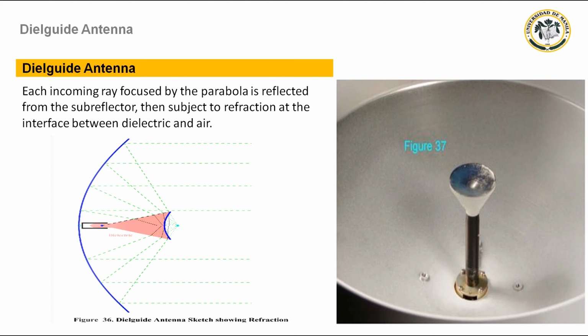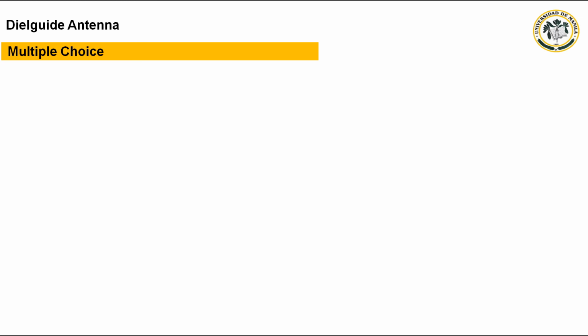Again, to be sure that you are truly listening, here are some multiple choice questions that I have prepared for you to answer. Number 1. What does RF stand for? A. Radio forecasting, B. Real frequency, C. Radiant frequency, D. Radio frequency.